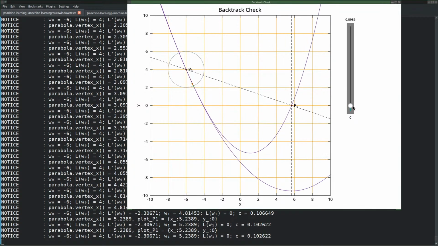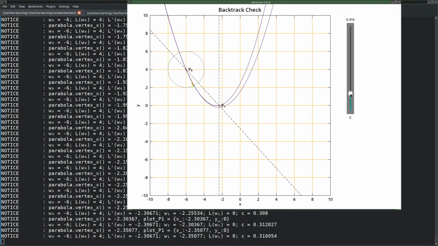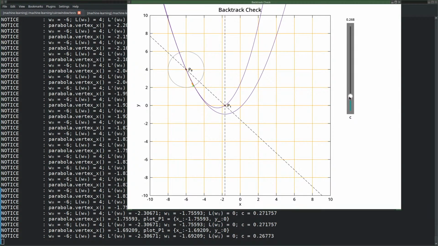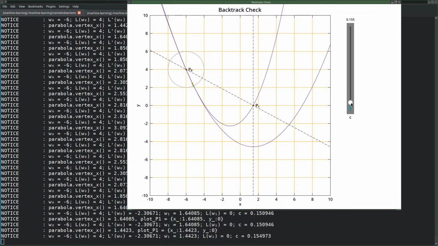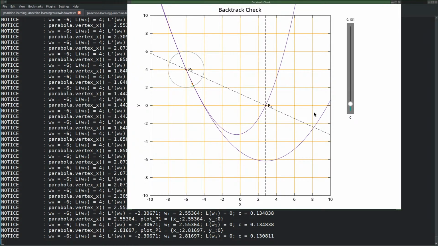And it does depend on C. See? So all these values for C, it's even very clear here that the minimum is now between these two.